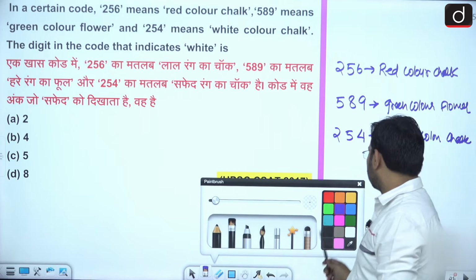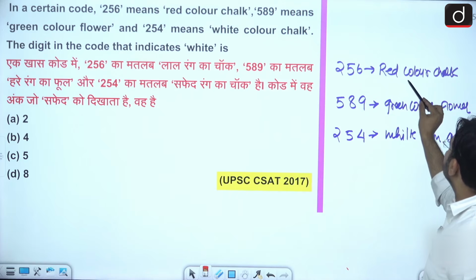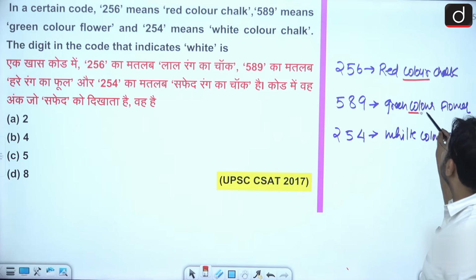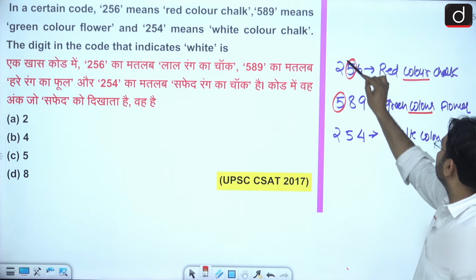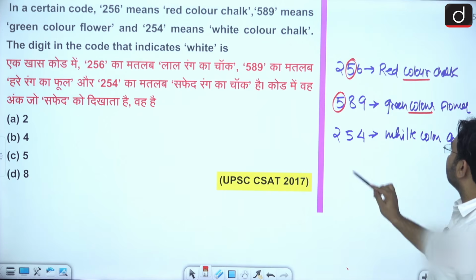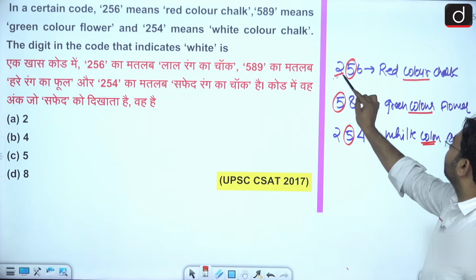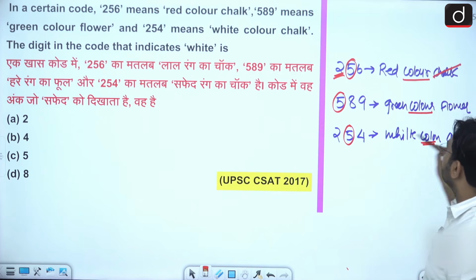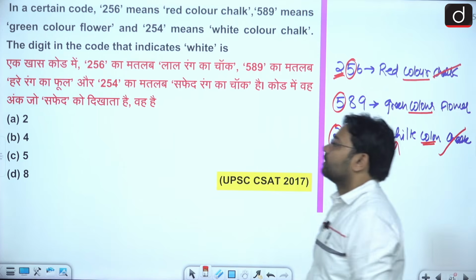Through the first two, you can say the common word is color. First and second. Got it? And for color you can say 5. So 5 is color here. Got it? Then 2 is common, 2 is chalk. So the remaining 4 is white.